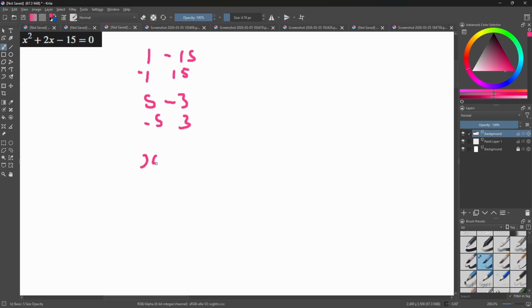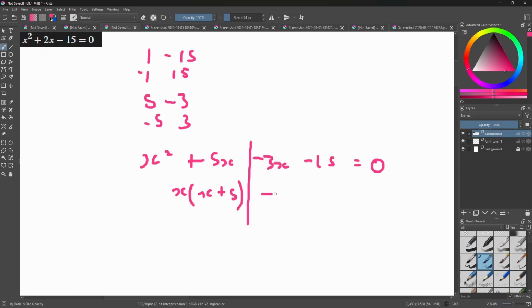So we've got x squared plus 5x minus 3x minus 15 equals 0. Let's do our thing again. We've got x plus 5 and minus 3x plus 5.